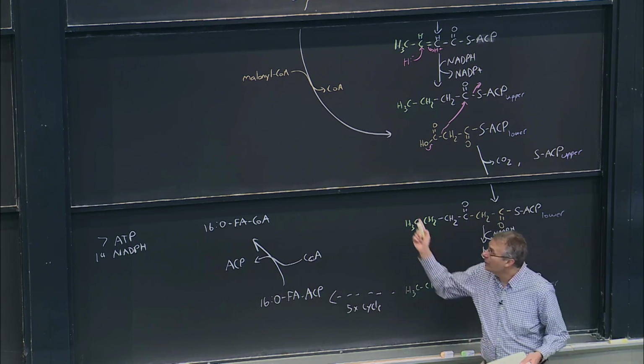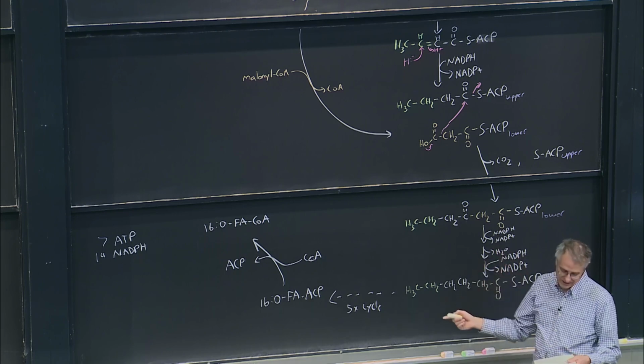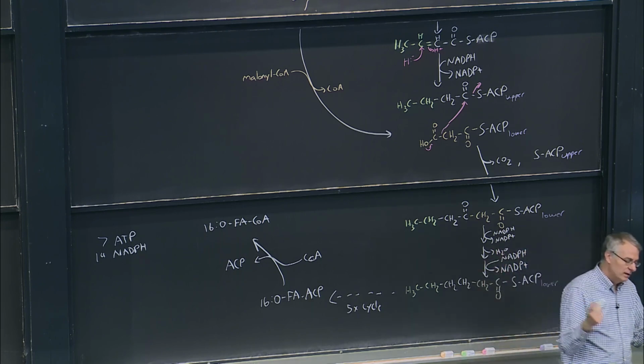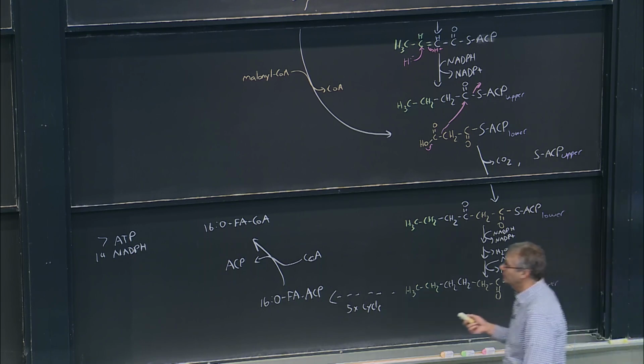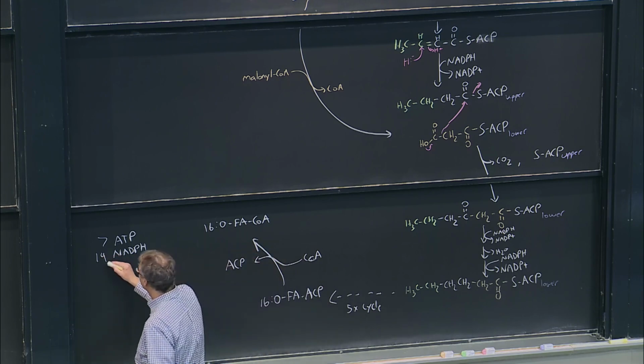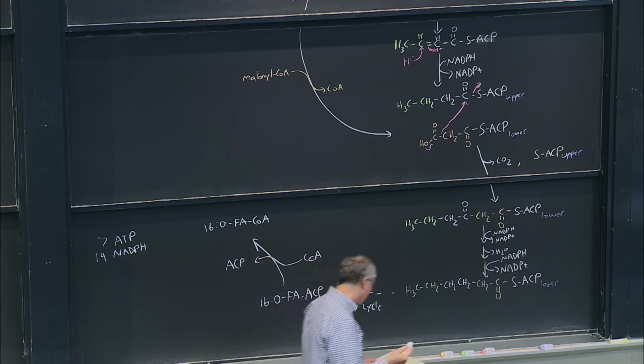Now, it turns out that all of this activity stops on the fatty acid synthase molecule when it gets to a 16-carbon palmitoyl-CoA. But of course, as we described before, organisms have longer fatty acids than 16 carbons.